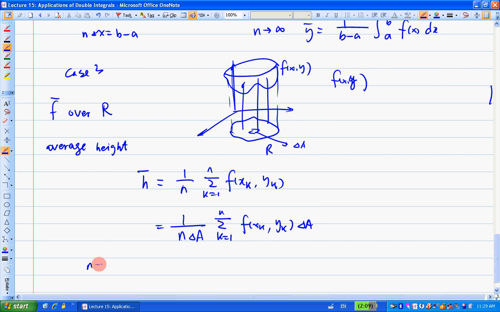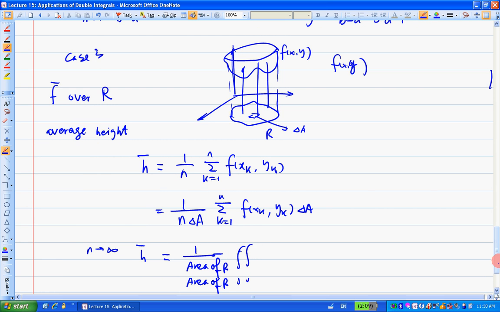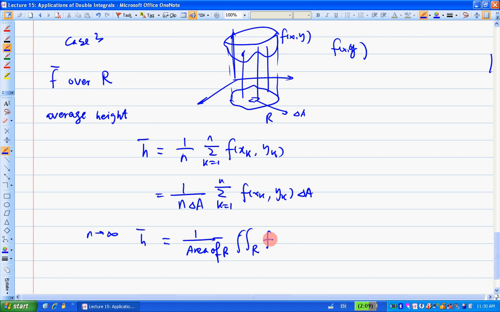And as n goes to infinity, this whole chunk becomes 1 over the area of R, multiplied by a double integral.